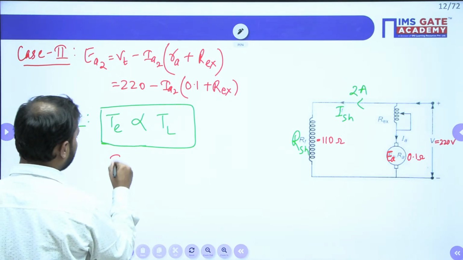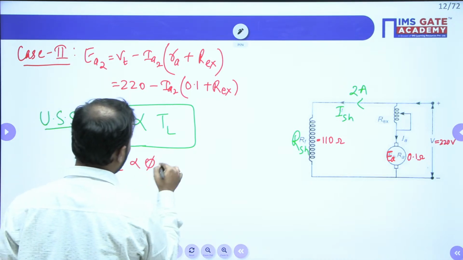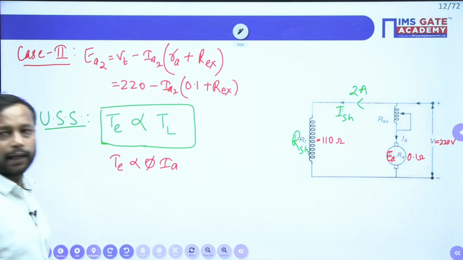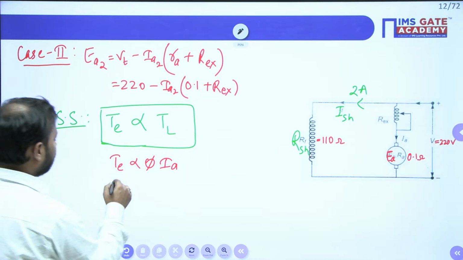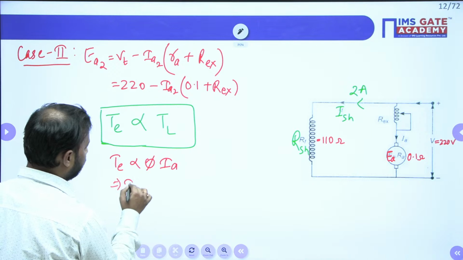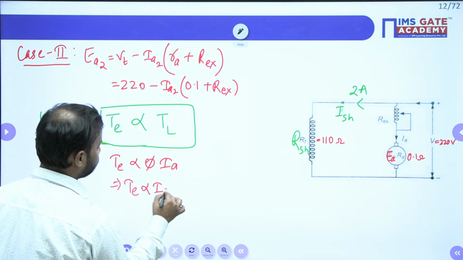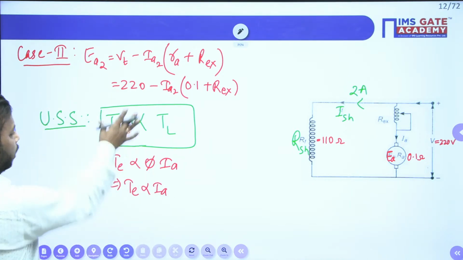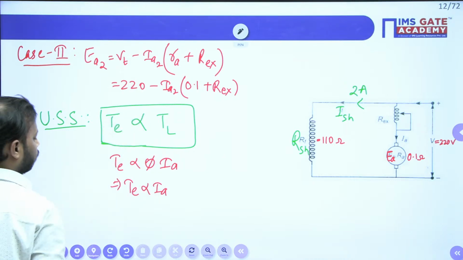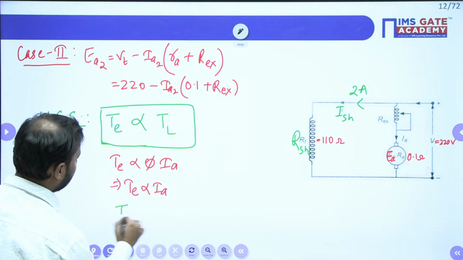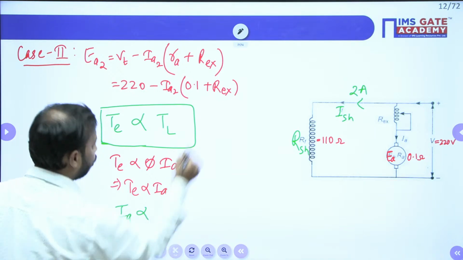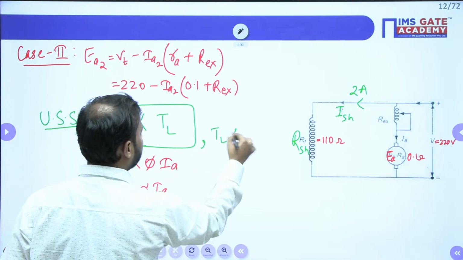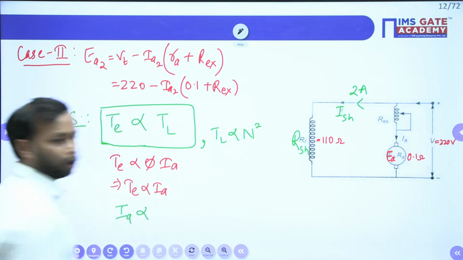This electromagnetic torque is proportional to phi into Ia. Since phi is constant, can I say T is proportional to Ia? So if you substitute this value here, from this your Ia will become proportional to load torque, and load torque is proportional to n square.